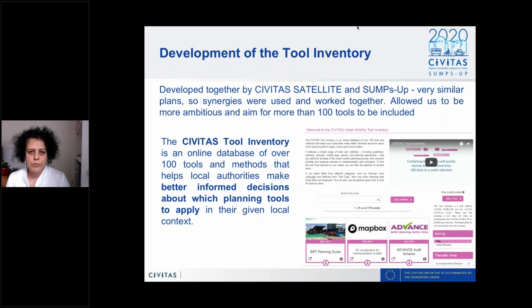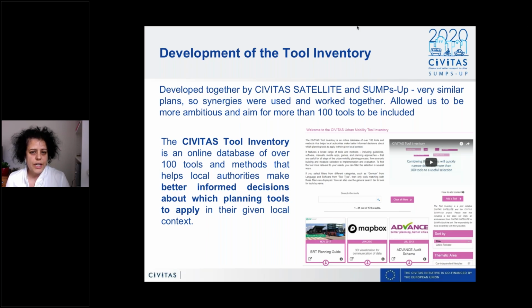Another very important tool that we are very proud of is a tool that was born between the cooperation of Civitas Satellite and the Civitas SUMPs-Up project. Since we have developed it, we have understood there are synergies between the two projects and that both projects had to develop such a tool.